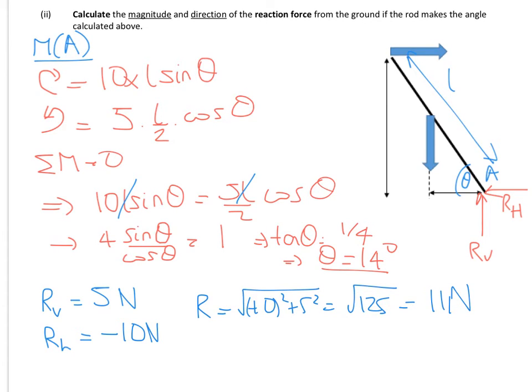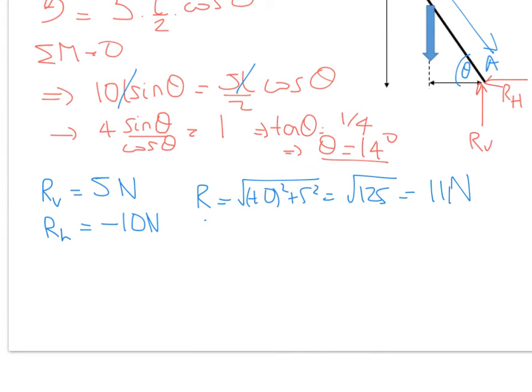And then the angle of the reaction force, let's sketch a diagram so we can see what angle we're talking about. So we're going to end up with a resultant force in that direction, where you've got these two components here. So I'm going to give the angle to the horizontal direction.